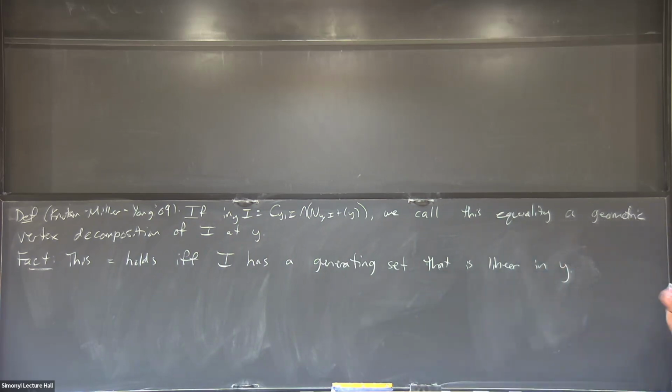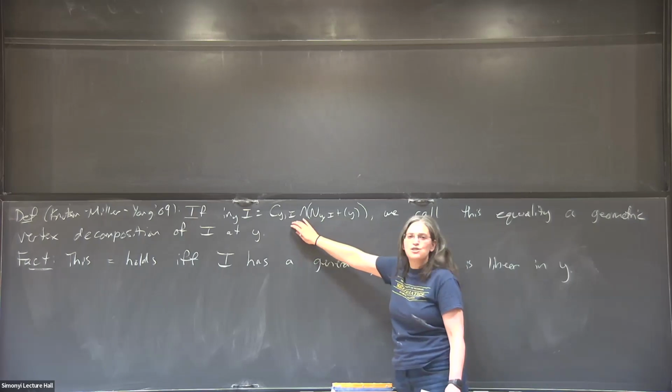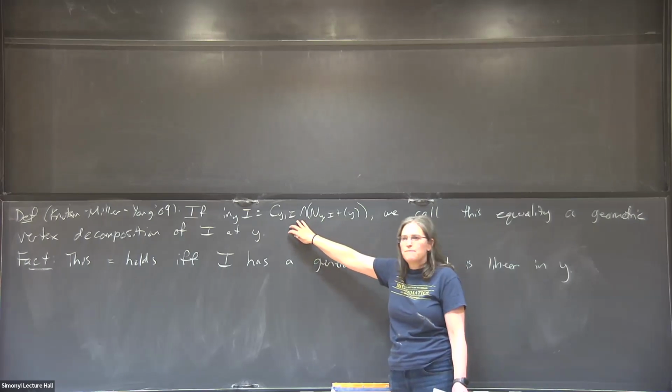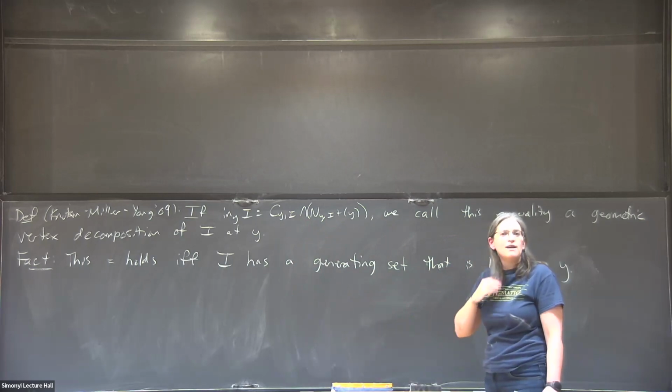So if I have a generating set where none of the generators have any term divisible by y squared, then you take that and it will give rise to this equality. And we'll maybe see that in a second when we give a Gröbner basis definition of this.